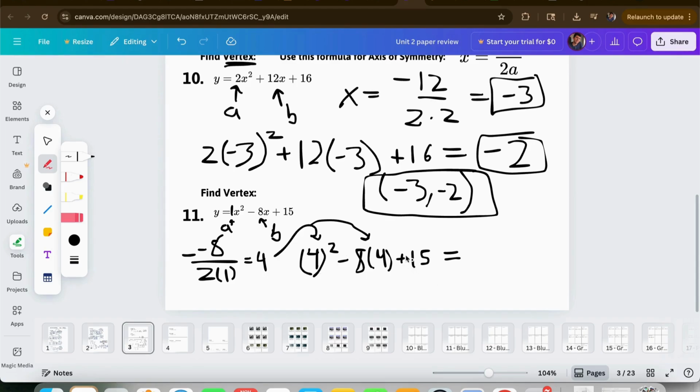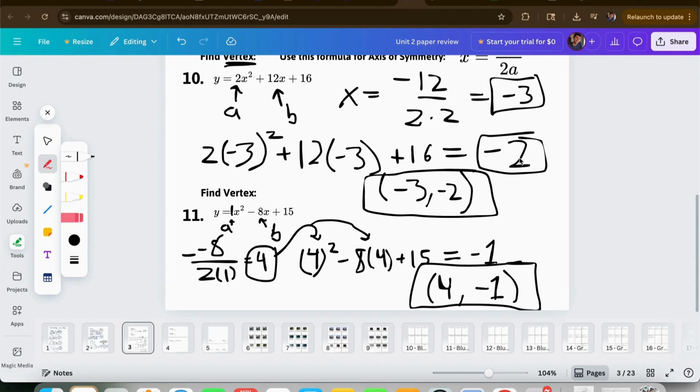Well, I know 16 plus 15 would be 31, so yeah, negative 32 and a 31, this will be negative 1. And so the coordinate point is both the x coordinate, so 4, and the y coordinate, so negative 1. And that's the vertex there. All right, last page.